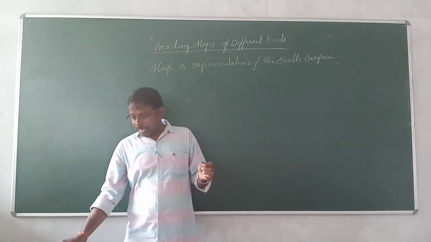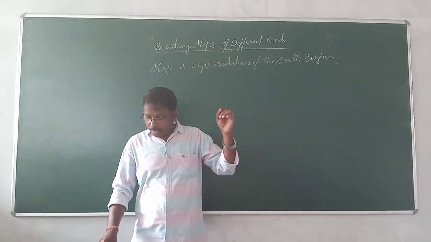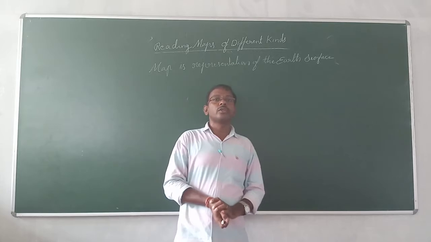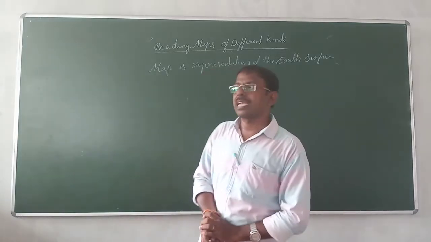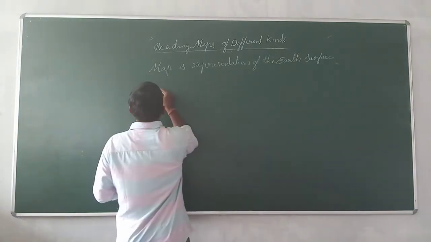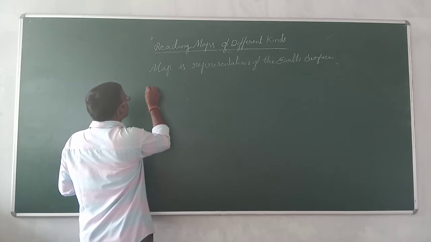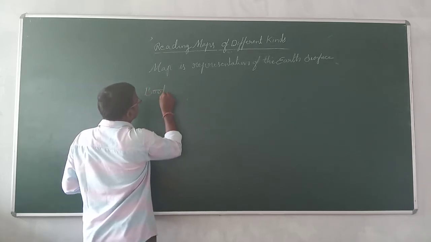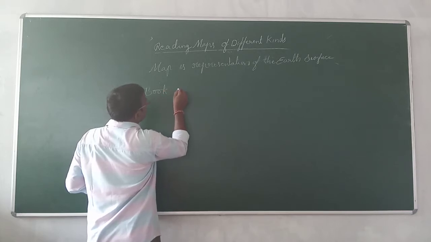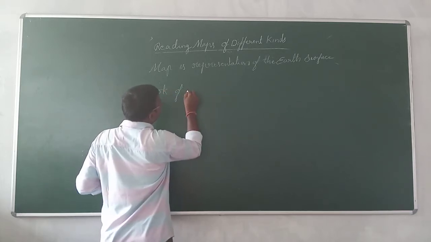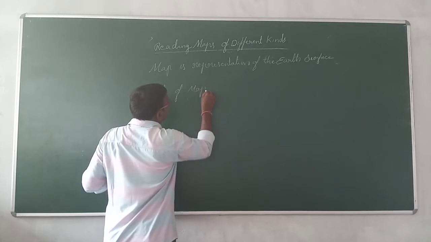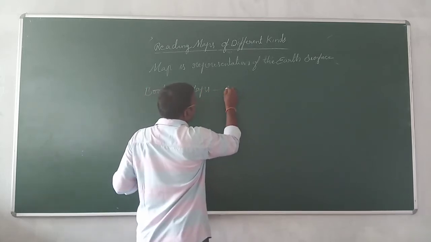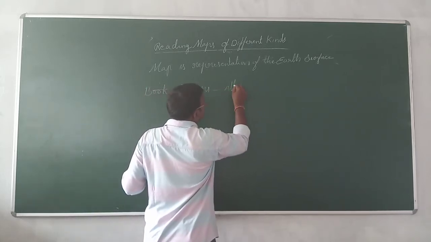Okay, how can we see these maps? If you see an atlas, a book of maps, it is called an atlas.